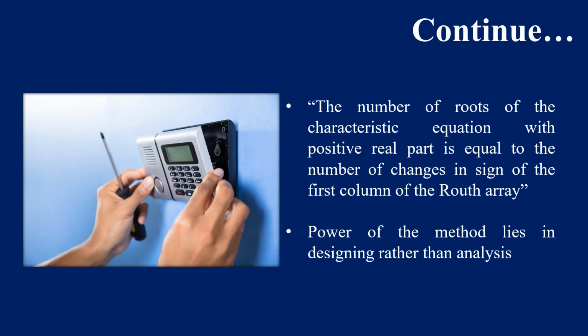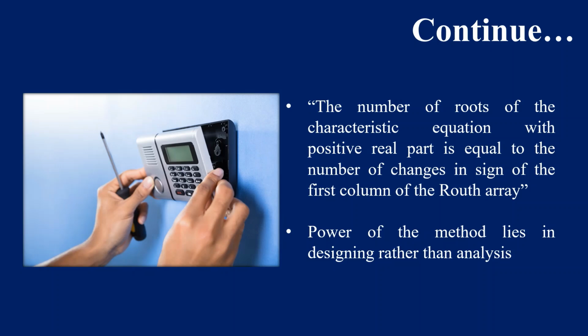You might wonder why we study the Routh Hurwitz criteria when modern calculators and computers can tell us the exact location of system poles. The power of this method lies in design rather than analysis.